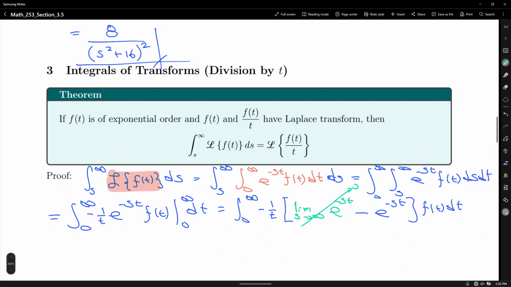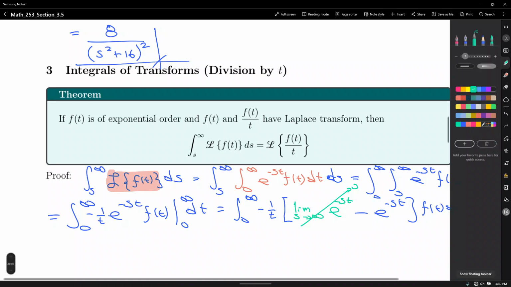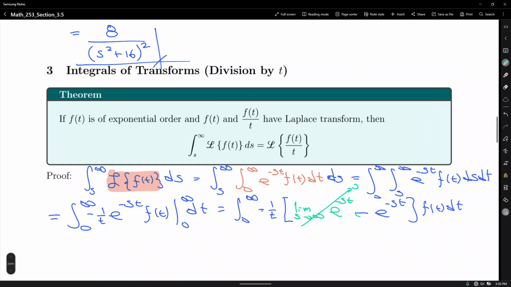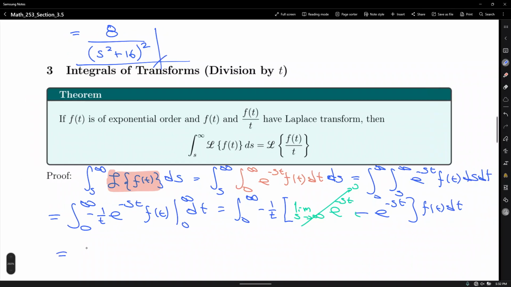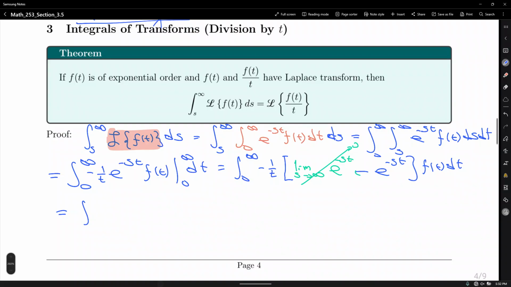All right. Okay, so what is that going to leave us with? This is going to leave us with the following. Okay, negative times a negative, isn't that equal to positive? This is equal to the integral from 0 to infinity of e to the negative st over t times f of t dt. I'm going to regroup this.